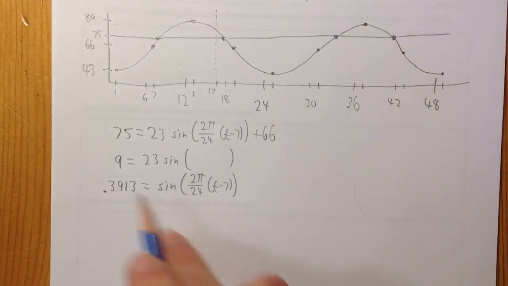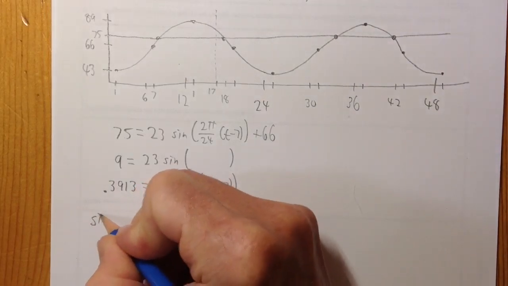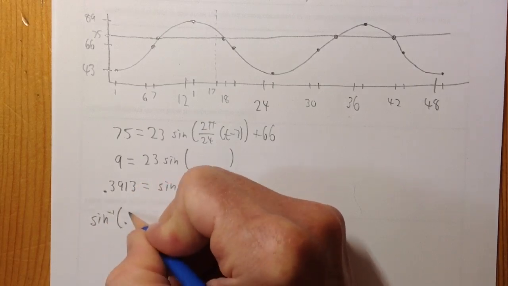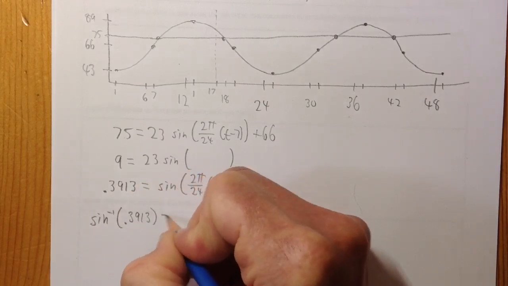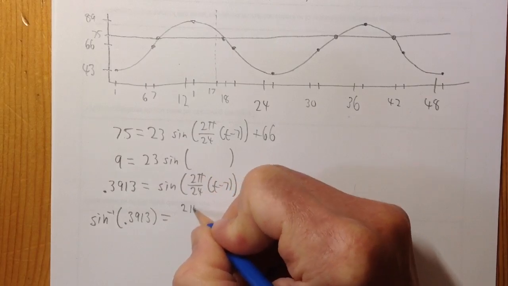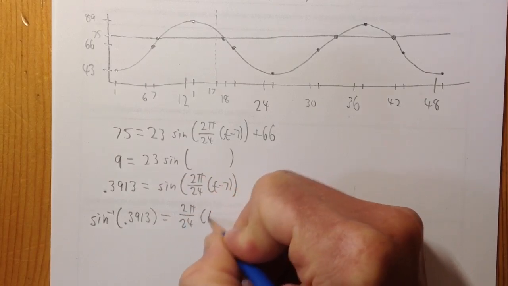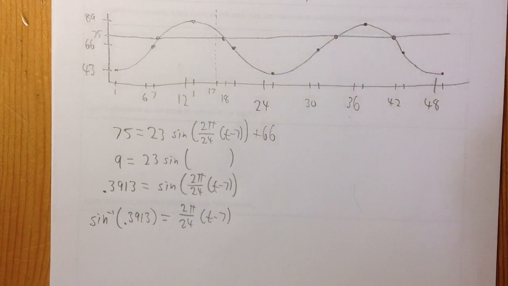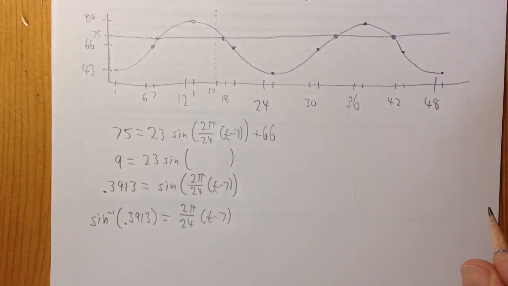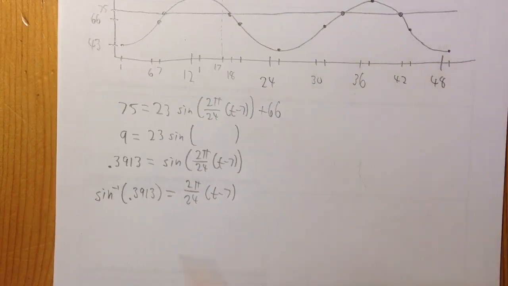Inverse sine cancels out sine. So sine inverse of 0.3913 is equal to 2 pi over 24 times t minus 7. Okay, and so what is the inverse sine of 0.3913?